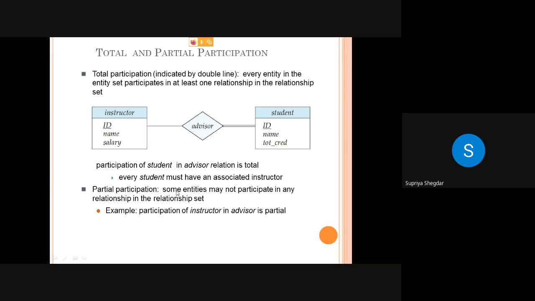If there is total participation, then we can represent it with a double line. This double line is attached to the entity set and the relationship set. The entity set means the one where all the members of that entity set are participating in the relation. So it is called total and partial participation.